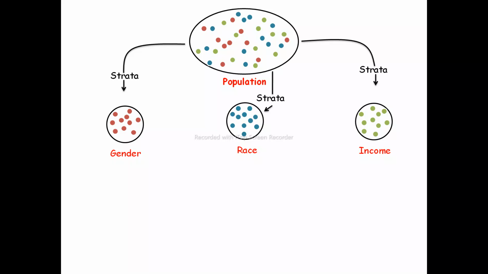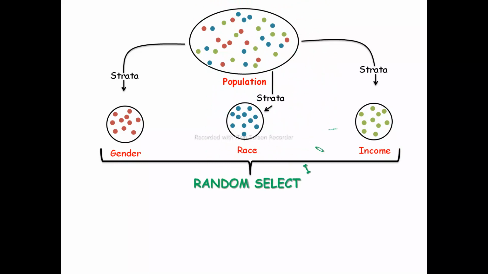What do we do next? We do what we did in random sampling. That is, we do random selection from each of these strata. Random selection means picking up names from a bowl, like we did in random sampling.